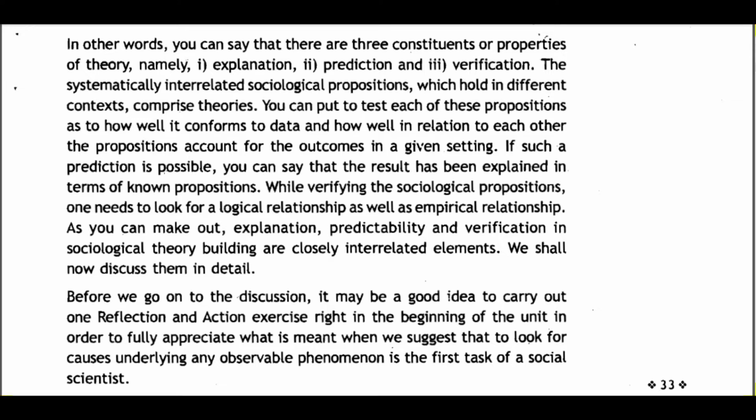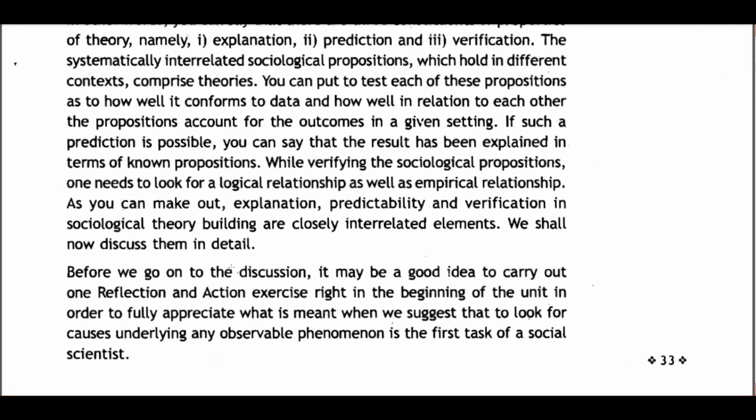If such a prediction is possible, you can say that the result has been explained in terms of the propositions. While verifying the sociological propositions, one needs to look for a logical relationship as well as empirical relationships. As you can make out, explanation, predictability, and verification in sociological theory building are closely interrelated elements. We shall now discuss them in detail.